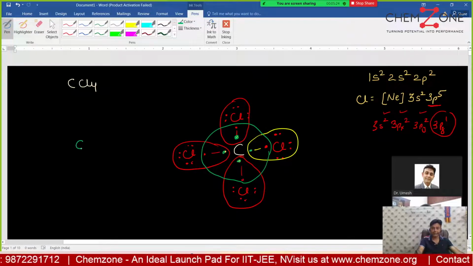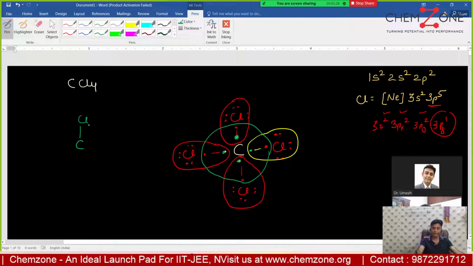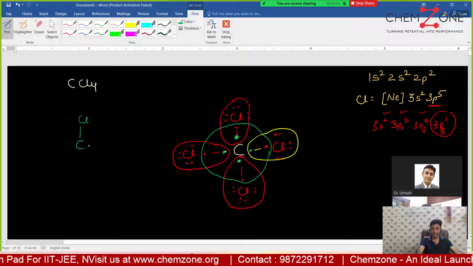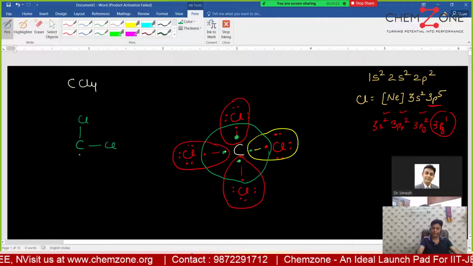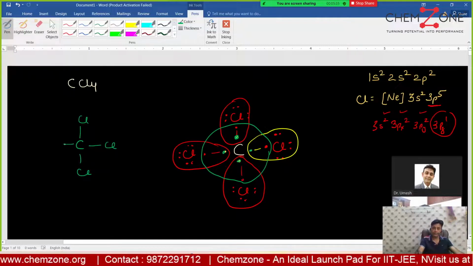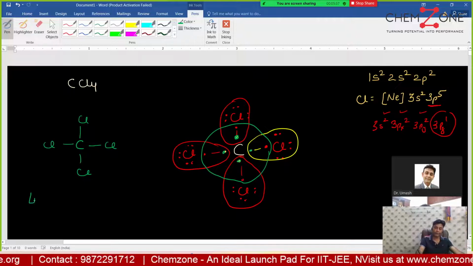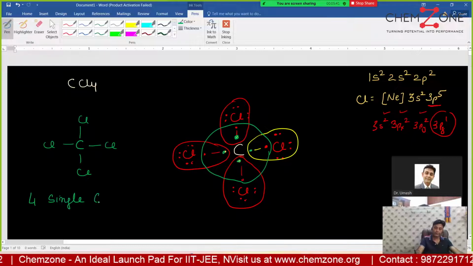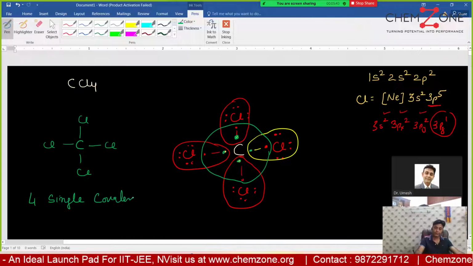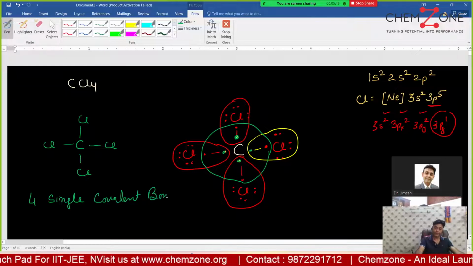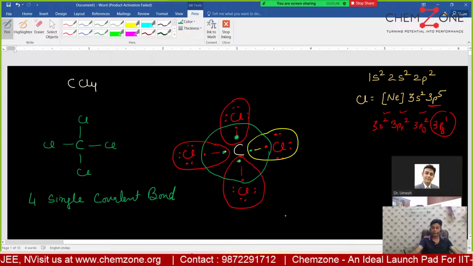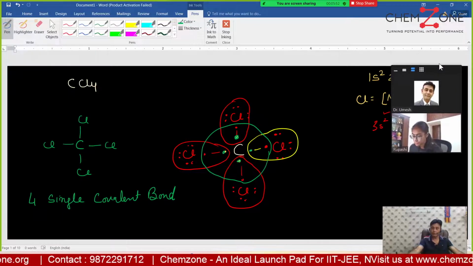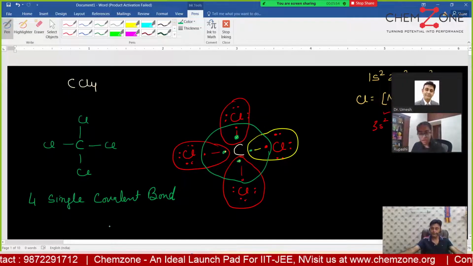So between carbon and chlorine, one single bond is formed, and such 4 single bonds are formed. We call these 4 single covalent bonds. Am I clear? Yes, sir.